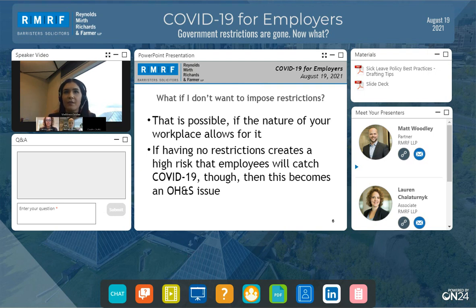So these are just a couple of the difficulties that you might run into and a couple of the things that you'll have to weigh in determining whether you should impose restrictions in your workplace and what those restrictions should be.